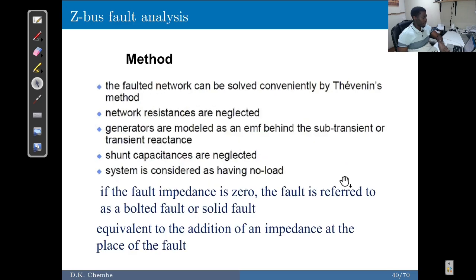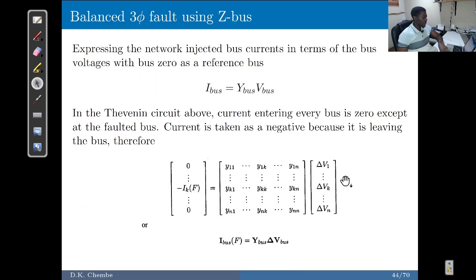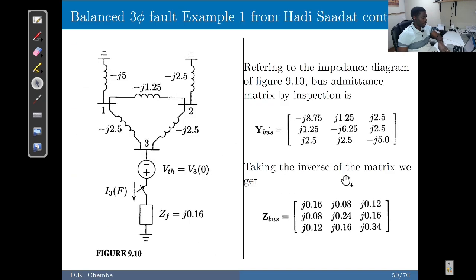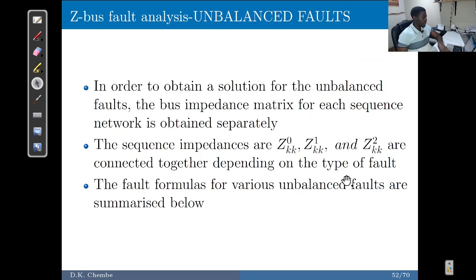Okay. So coming back to what I was explaining here, when we have the unbalanced faults, we have to determine the sequence impedances, that is Z0, that's for the zero sequence, this is for the positive sequence, and this is for the negative sequence.